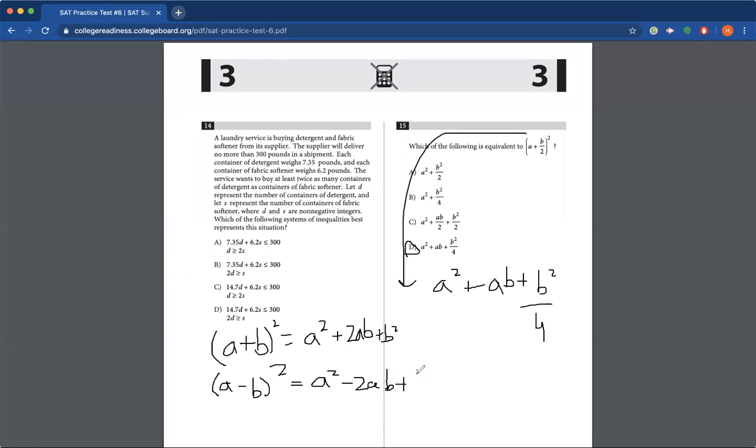Anyone else for questions? So these you want to know at the back of your hand. These 3 you should know like at the back of your hand.